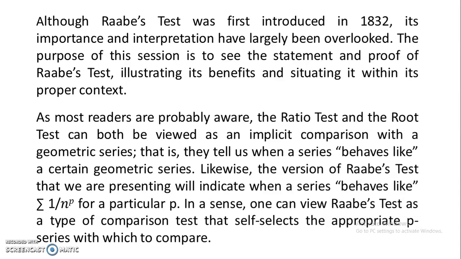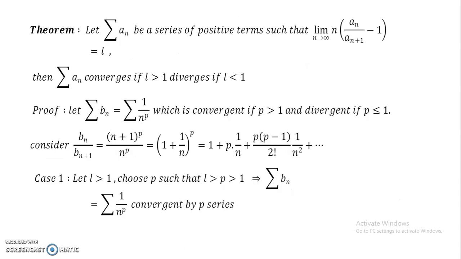Likewise, the version of Raabe's test that we are presenting will indicate when a series behaves like a p-series, that is, summation 1 by nᵖ for a particular p. In a sense, one can view Raabe's test as a type of comparison test that self-selects the appropriate p-series to compare with this series.